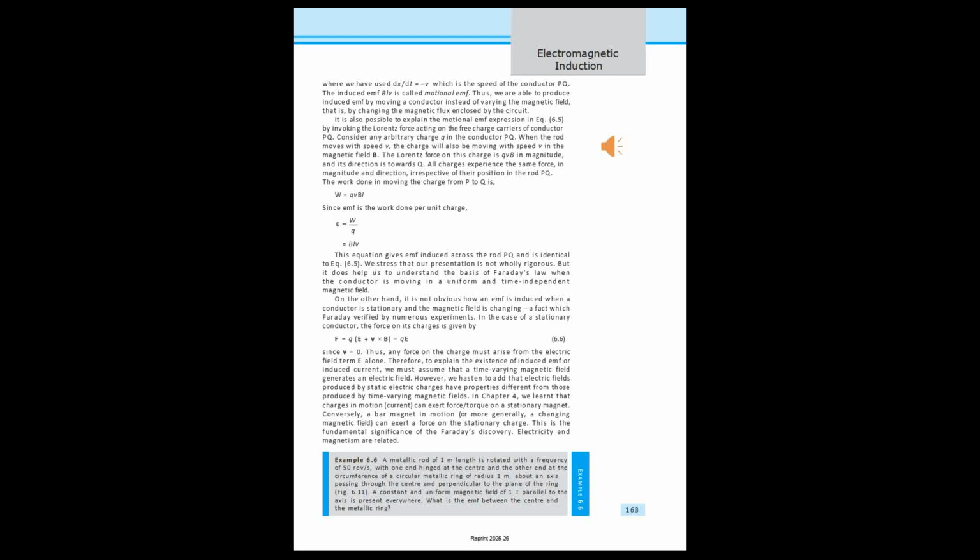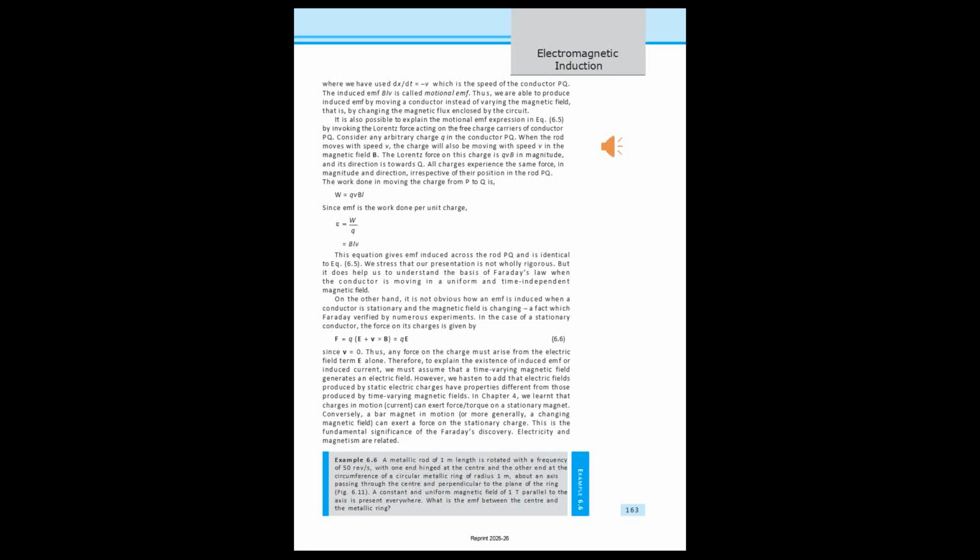The work done in moving the charge from P to Q is W equals QVBL. Since EMF is the work done per unit charge, epsilon equals W by Q equals BLV. This equation gives the EMF induced across the rod PQ and is identical to equation 6.5.